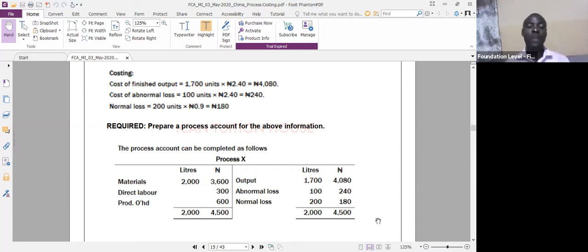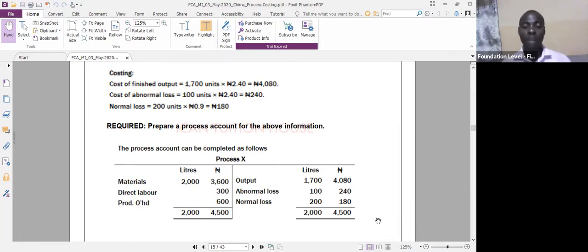And how much did we value it? We value it at a value of 4,800. Then we have our normal loss. The normal loss is 200 in units, and it is 180 in value.